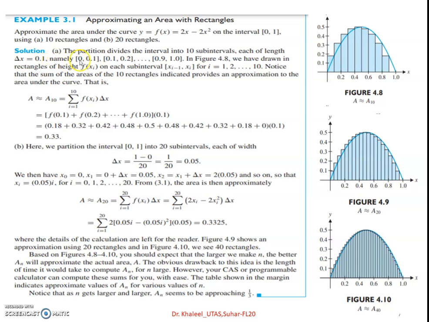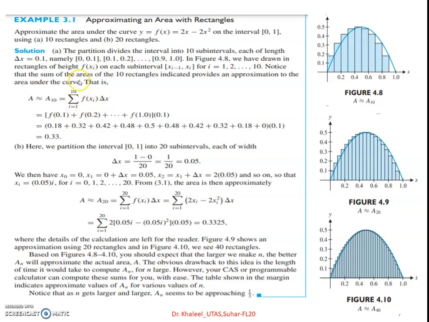So our intervals are from 0 to 0.1, from 0.1 to 0.2, and so on, equal intervals. If I want to find the total area under the curve, denoted by A, it is the area of the 10 rectangles, so approximately equal to the sum from 1 to 10 of f(xi) delta x.